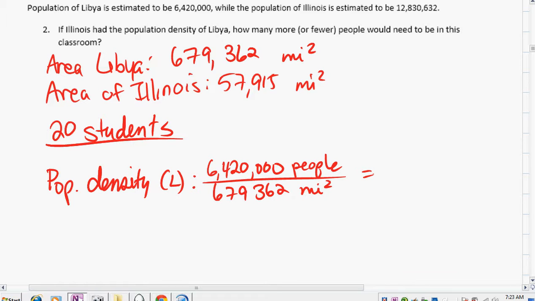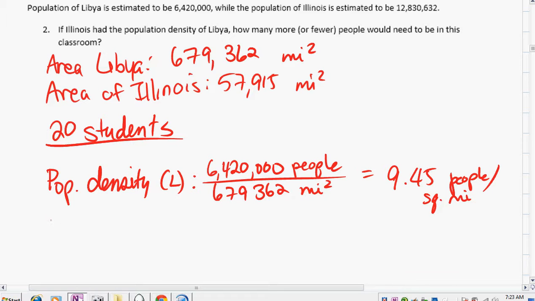So you can compute that population density, you get a pretty small number, I guess. .45 people per square mile. And I don't know where you live, but for me that is very spread out.